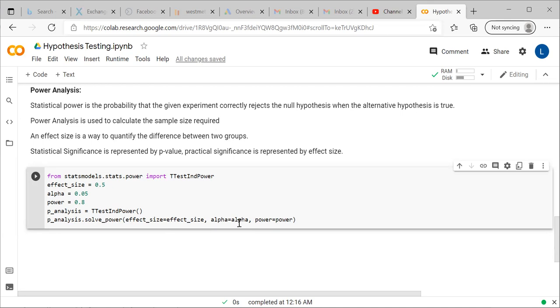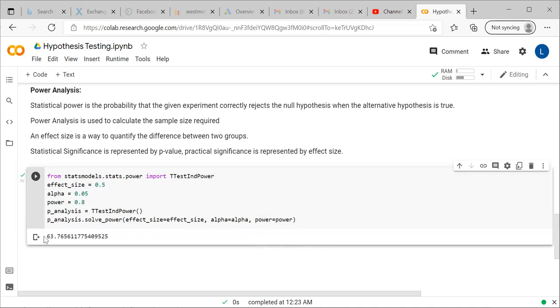You can mention 0.05 directly, and power you can mention 0.8 directly also. Once you execute this command, you get 63, which means around 64. So if you want the power of this hypothesis testing to be 0.8, then at least you should have selected a sample of 64 numbers.